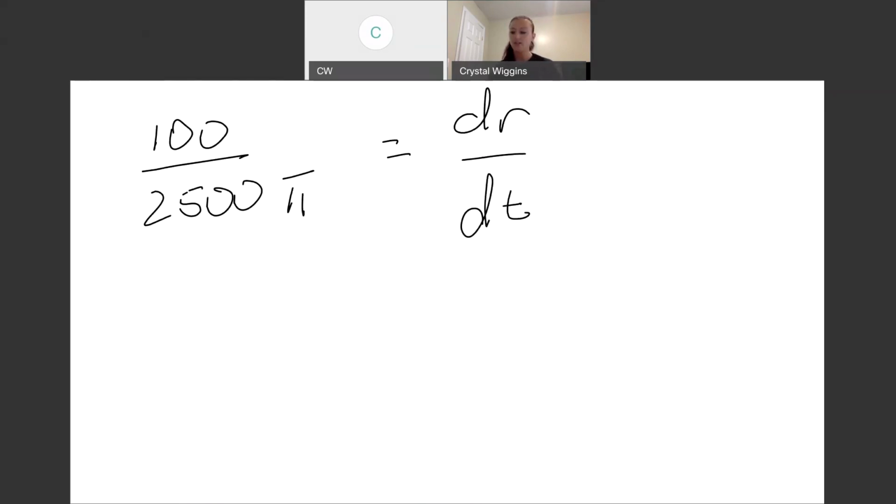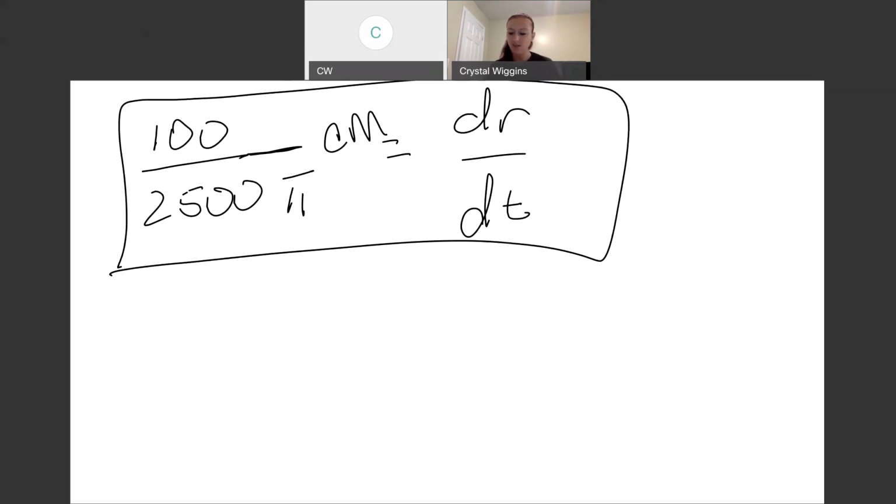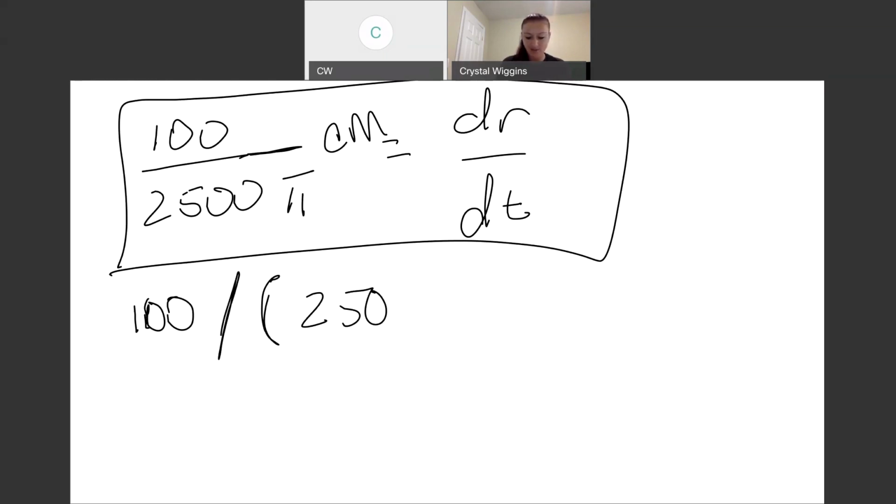Okay, and because we are in the units of centimeters and seconds, this would be labeled centimeters per second, and this is the exact answer. But if we divided this out, make sure when you put it in the calculator, it would be 100 divided by, in parentheses, 2,500 times pi.